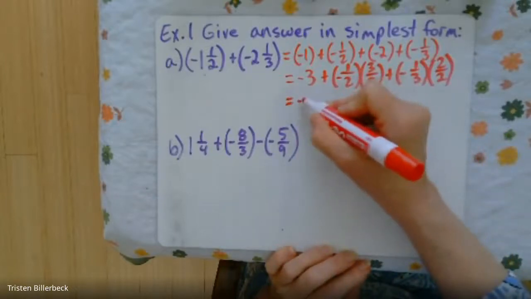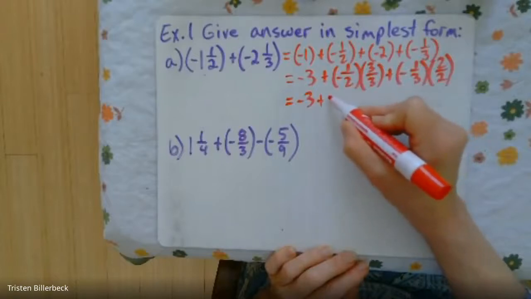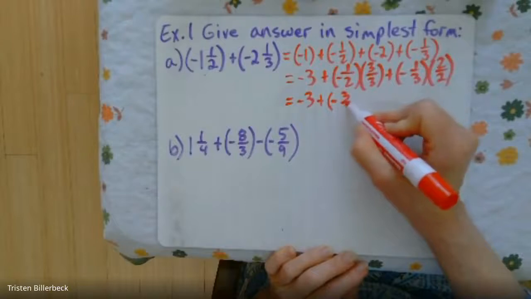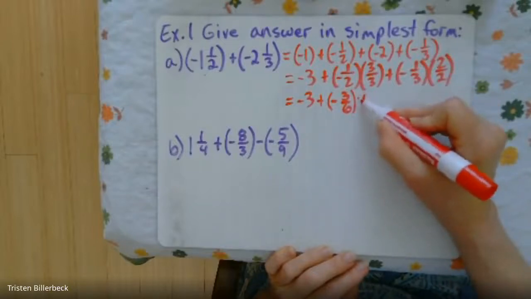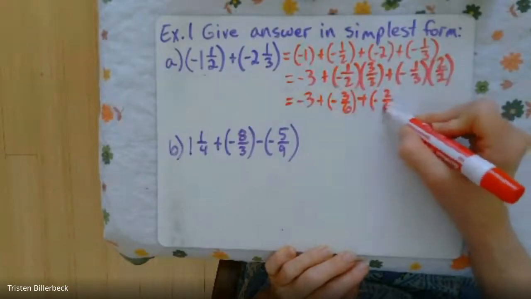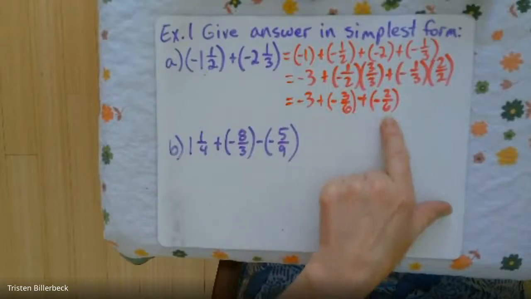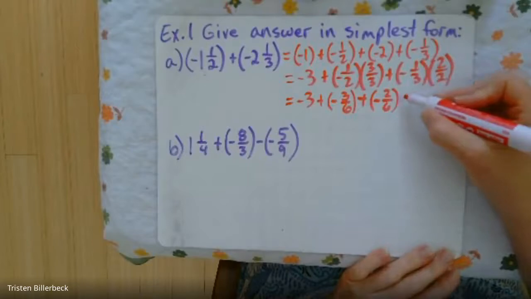So we write -3 plus a -3 over 6 plus a -2 over 6. These are the same signs, so we can add them together.